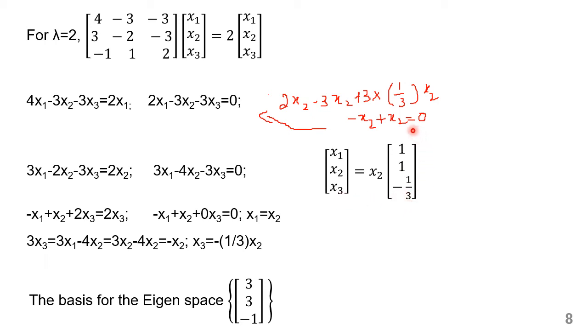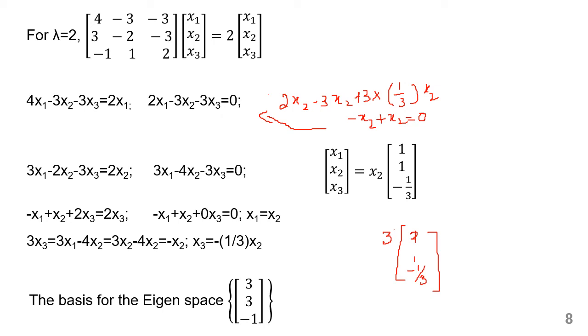So therefore, the basis for the eigenspace, or the eigenvector, is given by 1, 1, minus 1 by 3, and we can simplify this by multiplying it by 3.